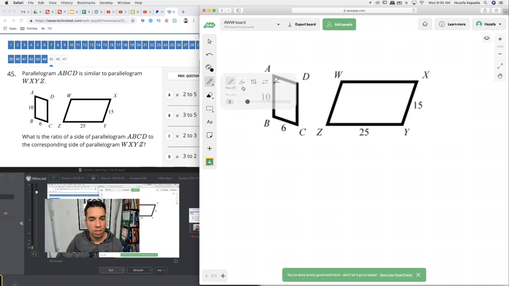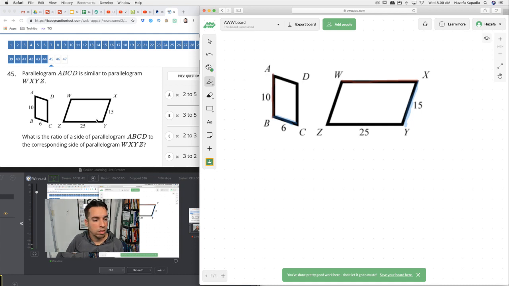What I mean is now we have to look at the language and the way that they present these. They're saying ABCD is similar to WXYZ. So AB, I'll put this in red, is similar to WX. And then BC is similar to XY. You see how it's all out of whack?